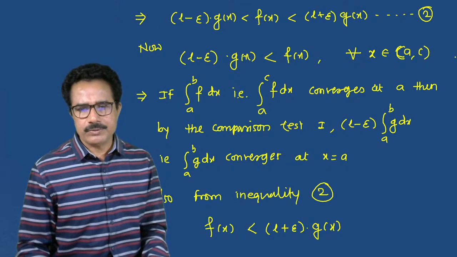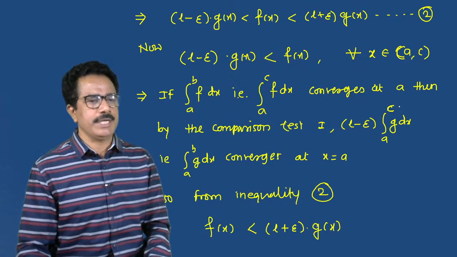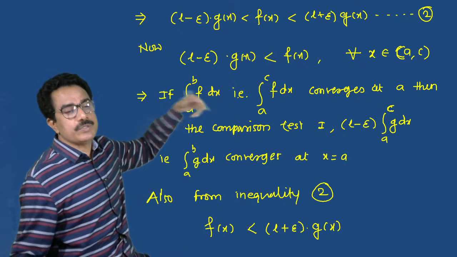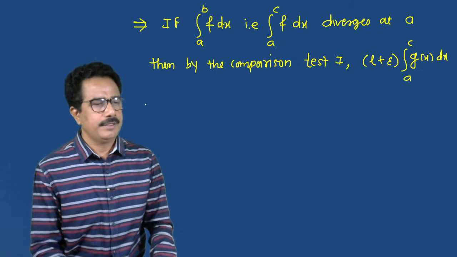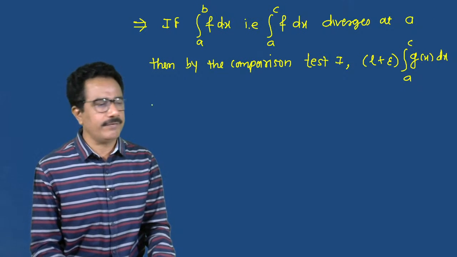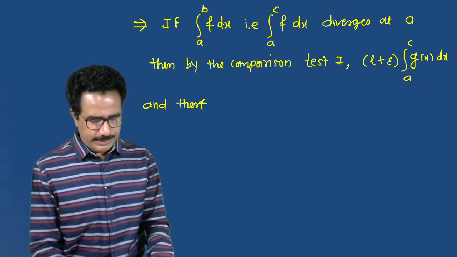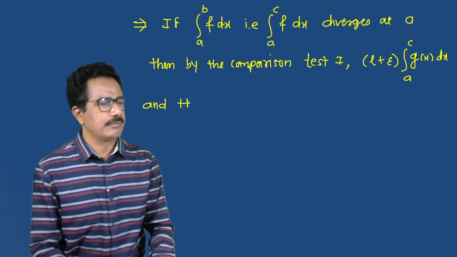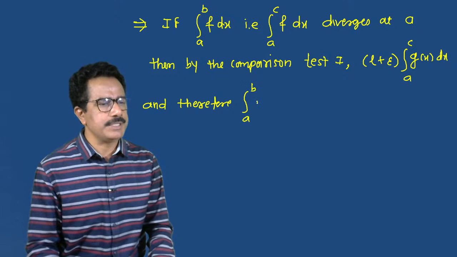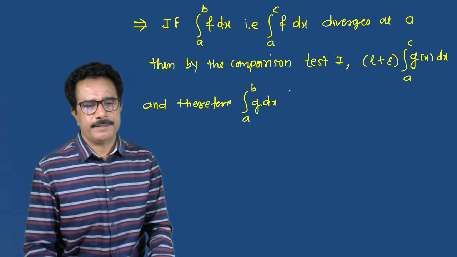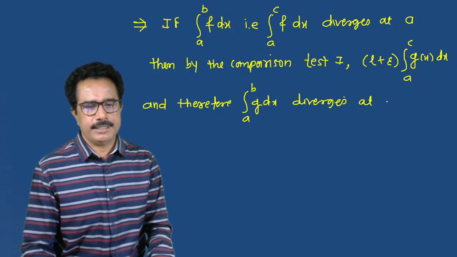Here it should be a to c, so change it to a to c. Okay, so a to c, and therefore integral from a to b of g dx diverges at a.